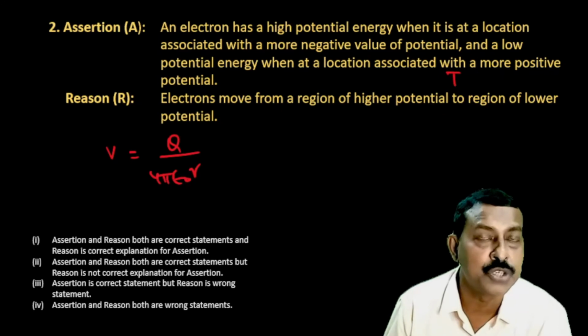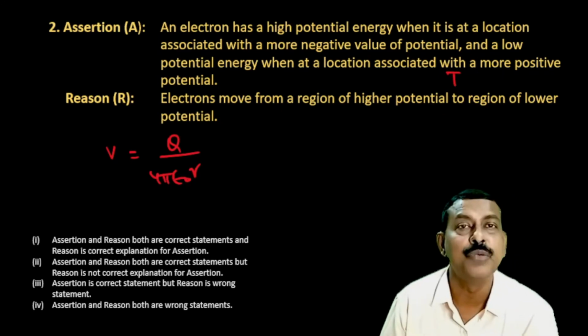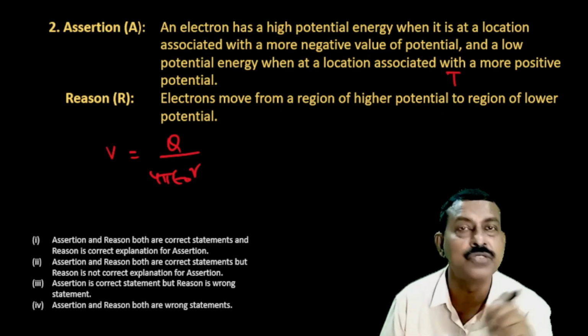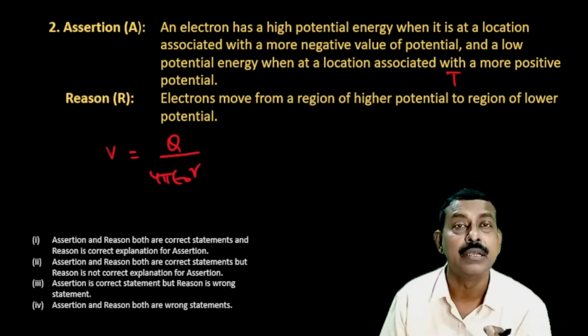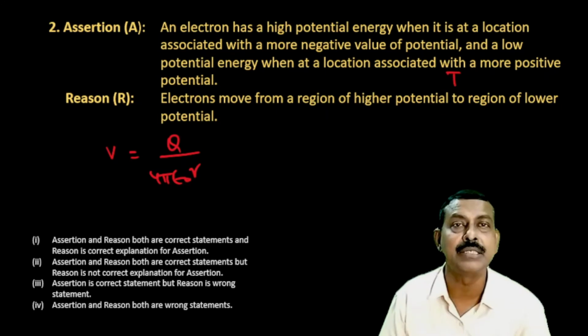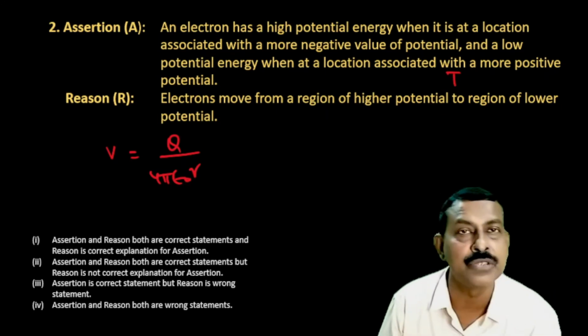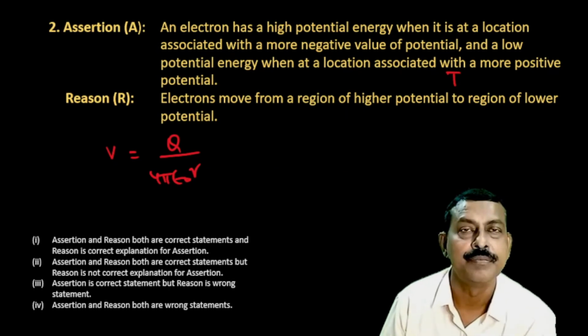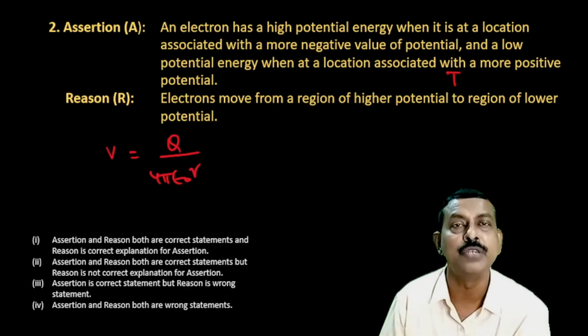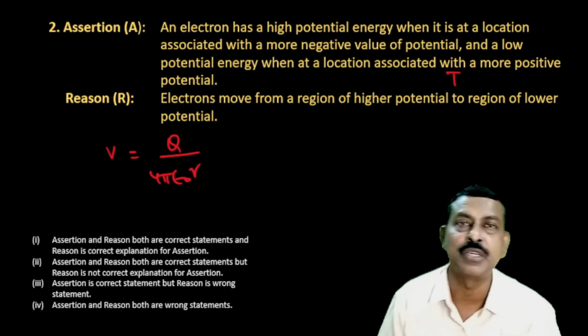But electrons will be moving from the point of low potential to high potential. That doesn't mean they are violating the statement, because the point of low potential is a point of high potential for electrons.